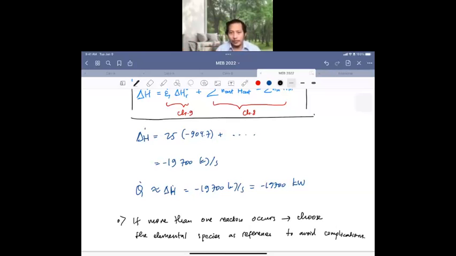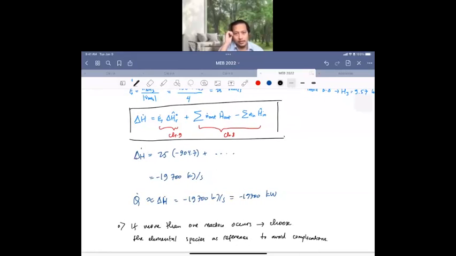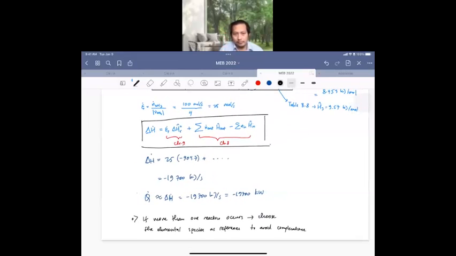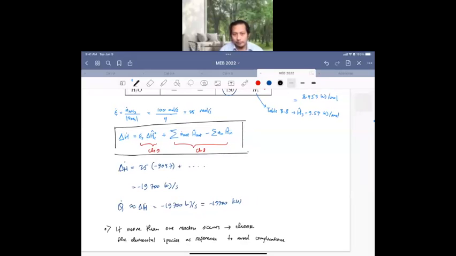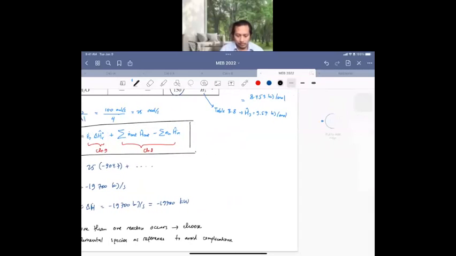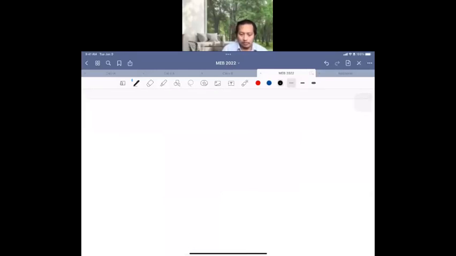Another point of view for our case, let me give you an example on the adiabatic reactor. This is a process with unknown outlet conditions.